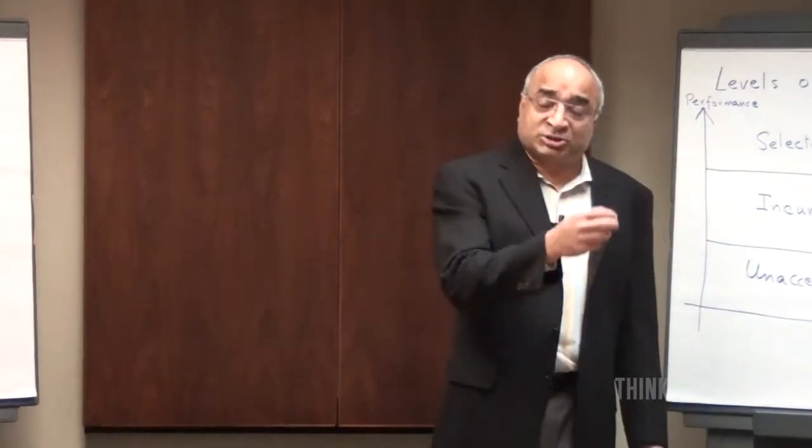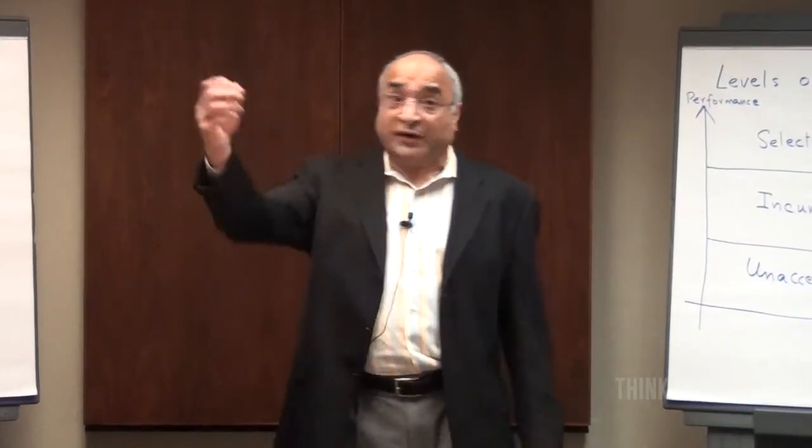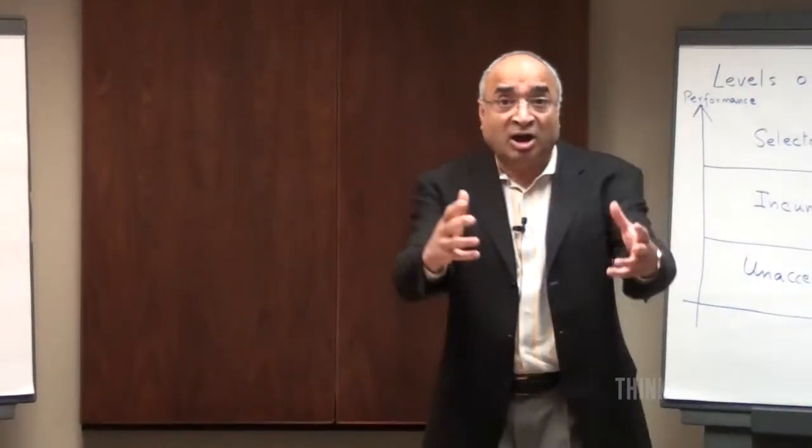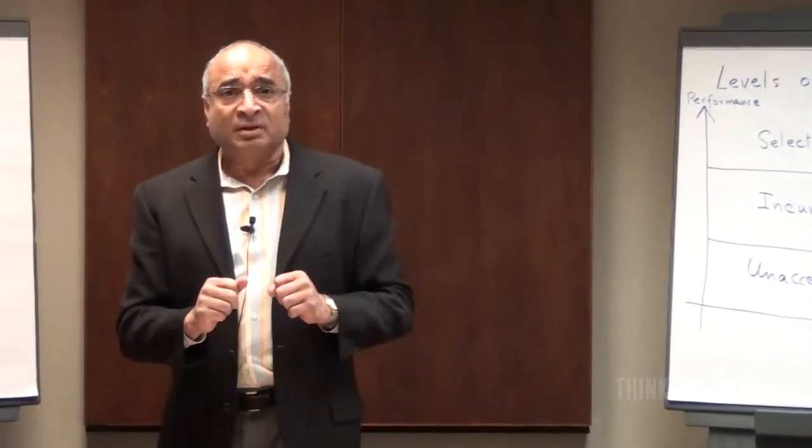There would be a cost associated with getting rid of this person. There is a cost associated with finding somebody else, a cost associated with training that person into this new position. And then there are probabilities involved. Do you really get somebody better? You don't know.